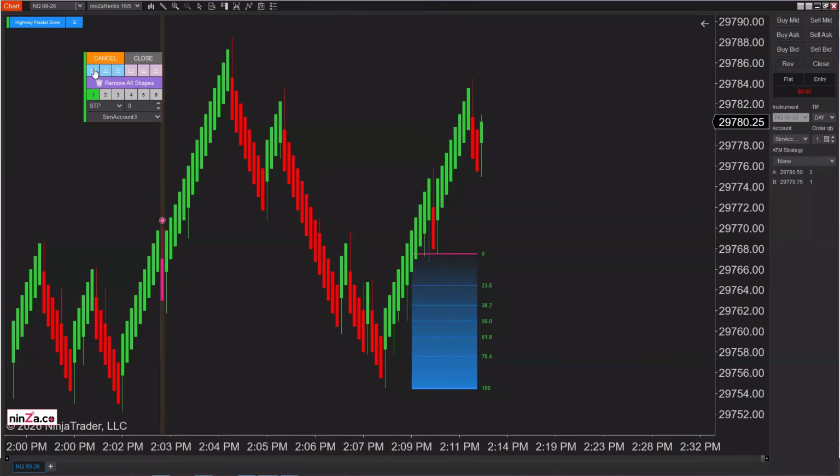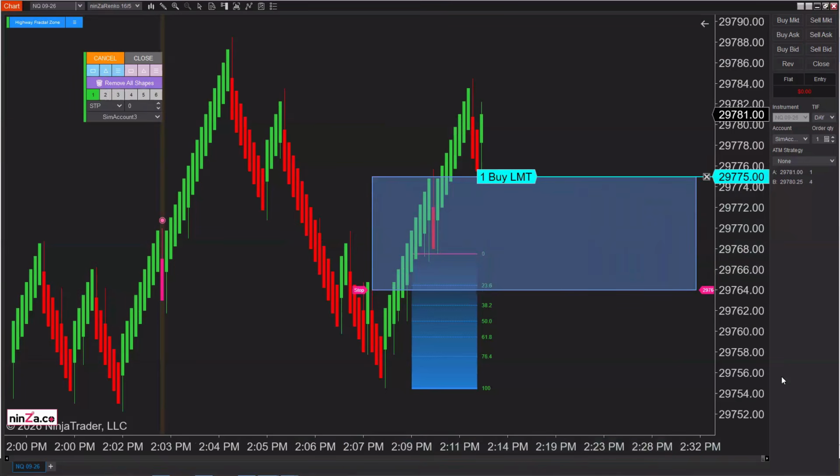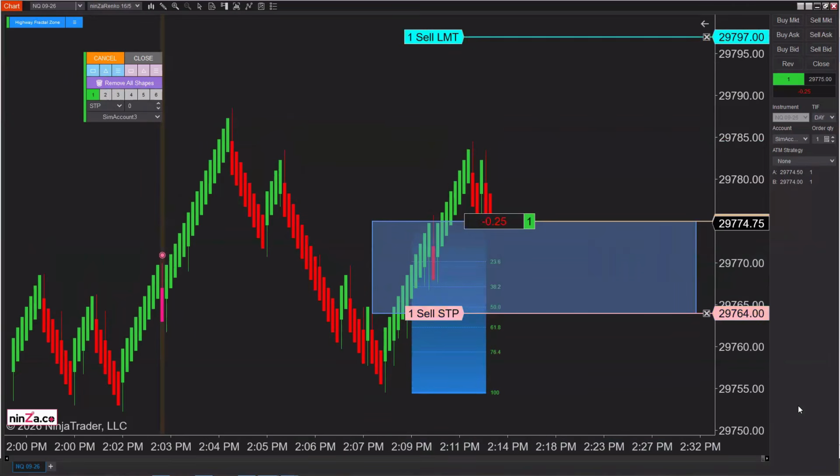So let's try and get a buy rectangle, maybe like this. So if price comes down and hits my buy limit order here, I'm going to have a stop and a target if I did it right. Here we go. Hey, I did it right.